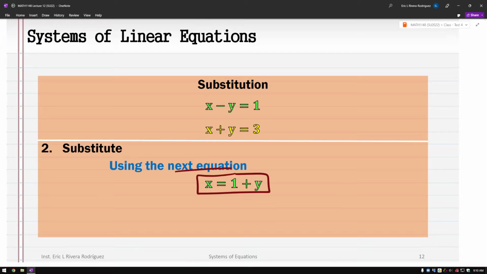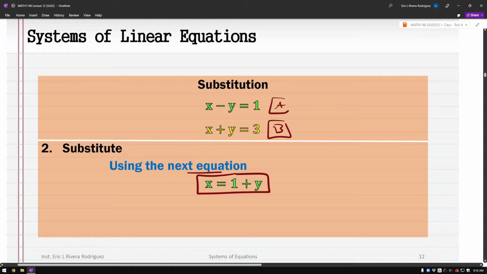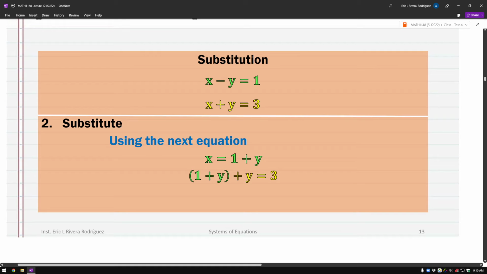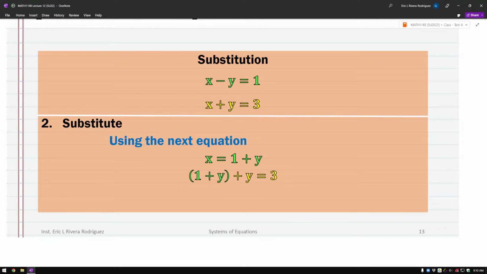Now, we are going to use the next equation, which is equation B. This one came from equation A. And then, using equation B, what we are going to do is substitute. Here is x, so we are going to substitute x with its definition that depends on y.